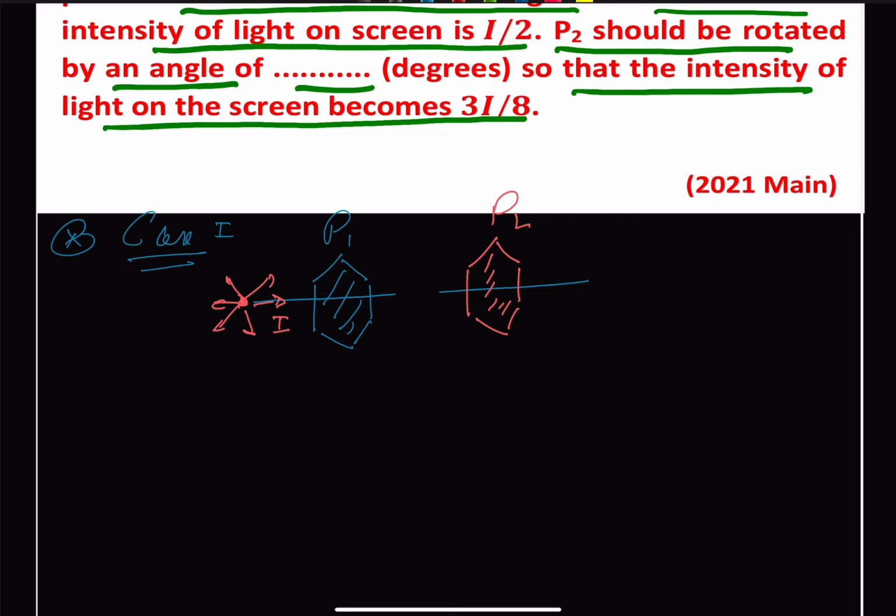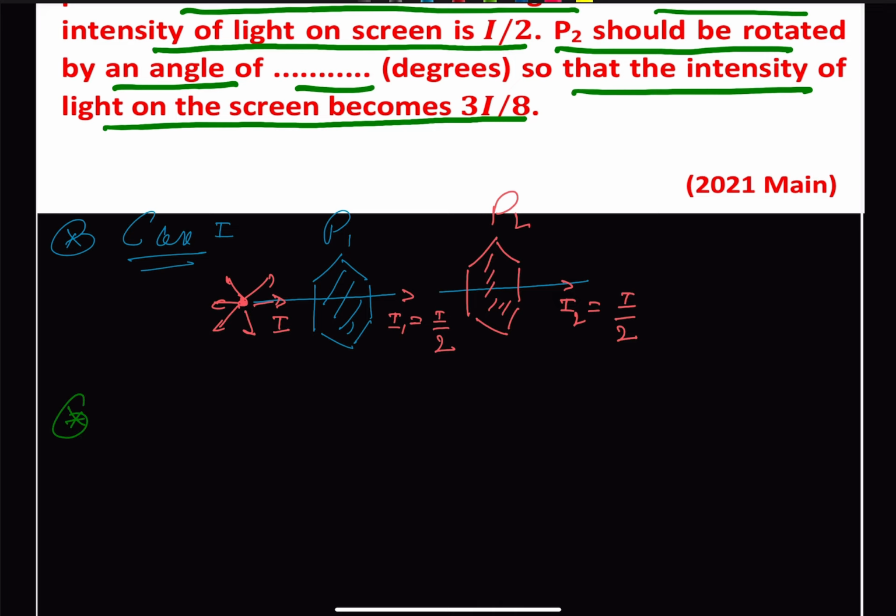So from the first polarizer, let us suppose this is I1. This I1 will be equal to I by 2, and we have the second polarizer, let us suppose that is I2, and that is also I by 2 because the axes are parallel with each other. And this is our case number 1.